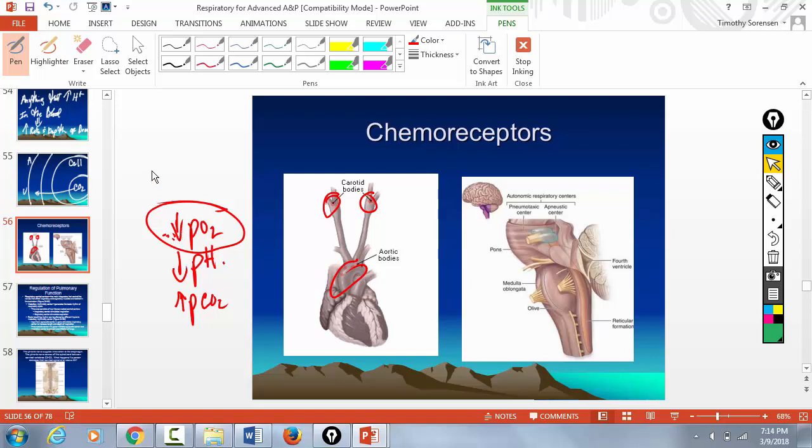Low PO2. So if you have somebody who has chronic bronchitis and they're breathing due to low PO2 and you slap them on a bunch of oxygen, when that extra PO2 hits here, it will stop their stimulus to breathe. They'll say, hey, I got plenty on, I don't need to breathe.